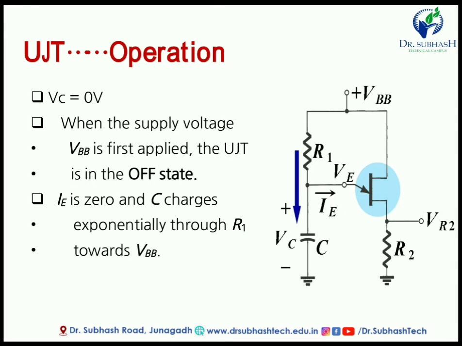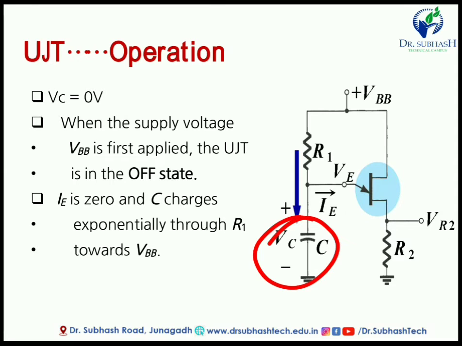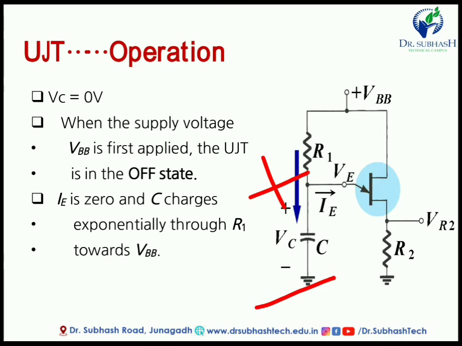Now we know that this capacitor is used for charging and discharging. According to the charging and discharging, we get some voltage over here, VE. Whenever Vc is equal to 0, means there is no charge in this capacitor, and we apply the VBB, then it starts to charge. Its maximum charging is Vc. Then the polarity is like this: this terminal becomes positive and this terminal becomes negative.